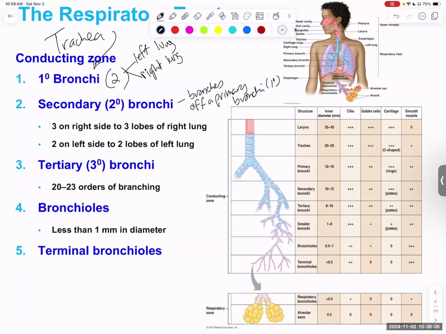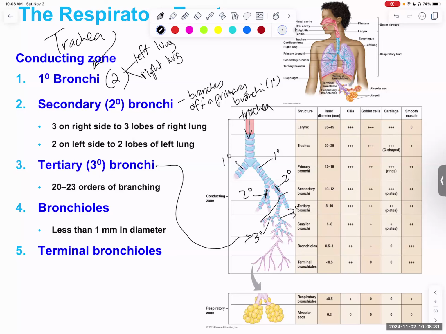Then off these bronchi, so here's the trachea. Here is the primary bronchi. And now it's showing you, so this is the left lung. Those are secondary bronchi. Then the secondary bronchi is going to branch into a tertiary bronchi.